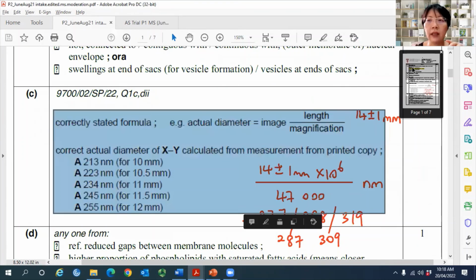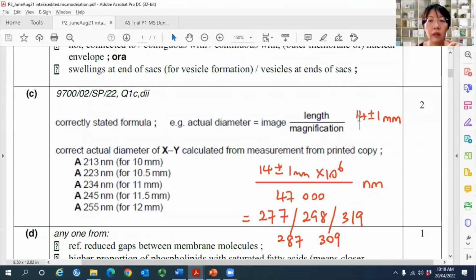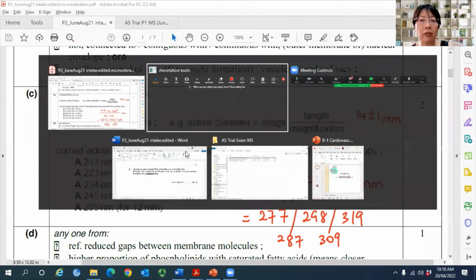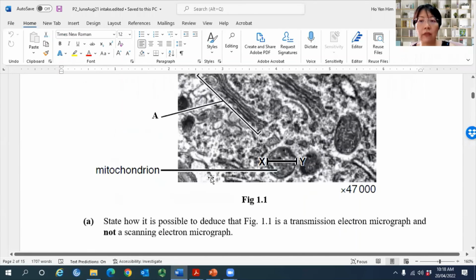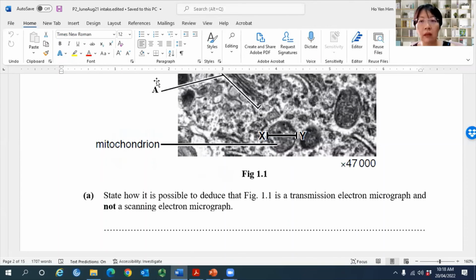So this is the answer here. The first mark is given for the formula. The second mark is for calculation. When you measure X and Y using your ruler, you already know in the diagram that the magnification is given. So M is already given.